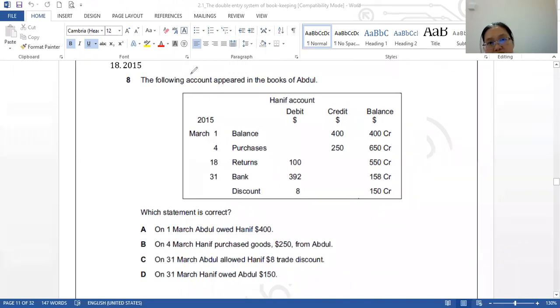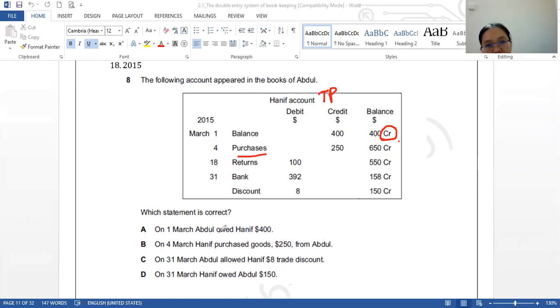Okay, 18. The following account appears in the books of Abdul. Hanif, balance brought down, here credit. The moment purchases is mentioned, this one is a trade payable. Which statement is correct?